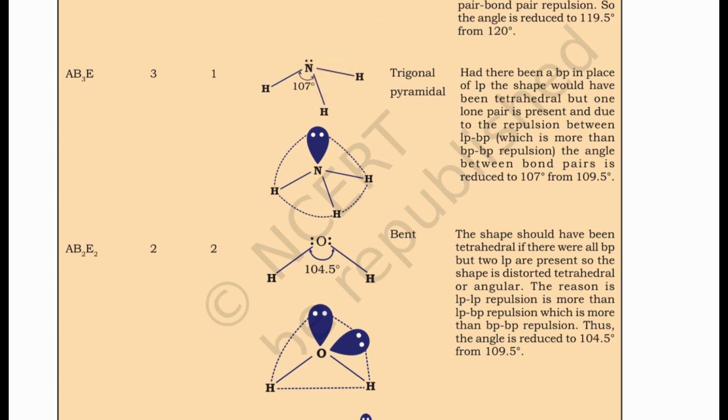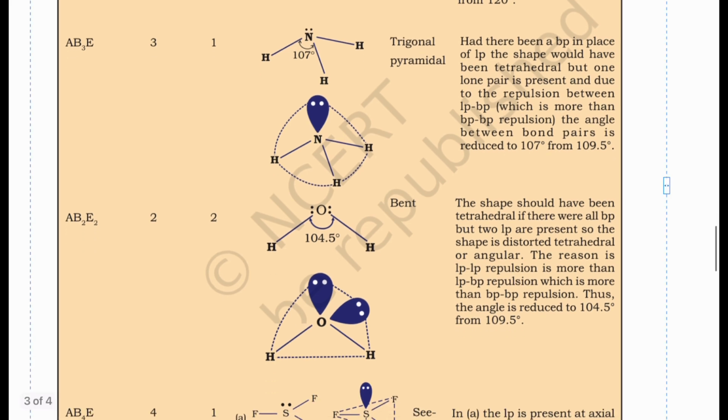So this bond will be compressed and the bond angle will be slightly less than 109.5, and here the bond angle is 107. So you must understand this. And the shape is pyramidal. In shape we don't consider the lone pair, so it is like a pyramid. The shape is pyramidal.